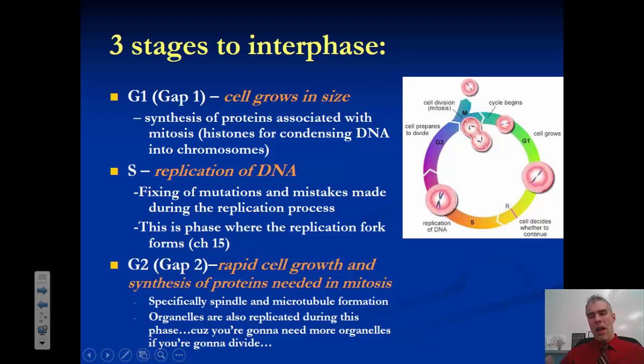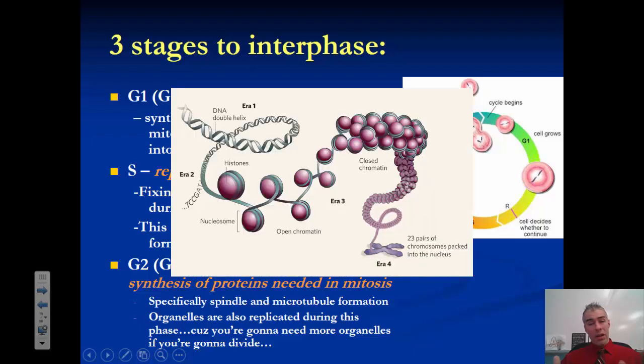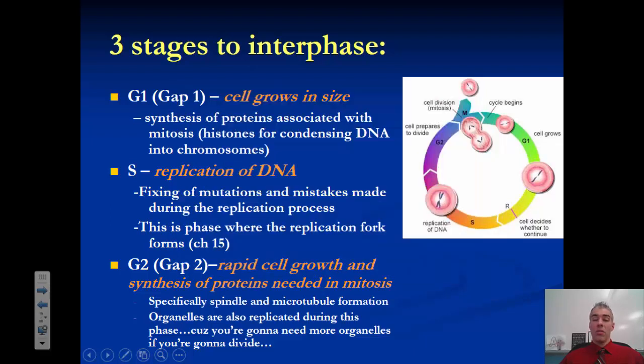So in G1, the important thing to know is that proteins associated with mitosis are synthesized, and the cell grows. Those proteins are called histones. And remember, histones are important for condensing the DNA and making it into chromosomes as opposed to just chromatin. There are histones in chromatin as well, but there are more histones that allow for more wrapping and more condensing once the chromosomes actually form.